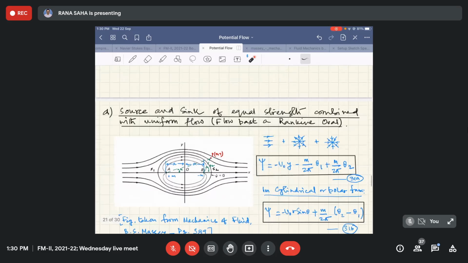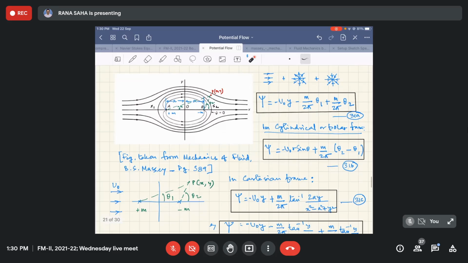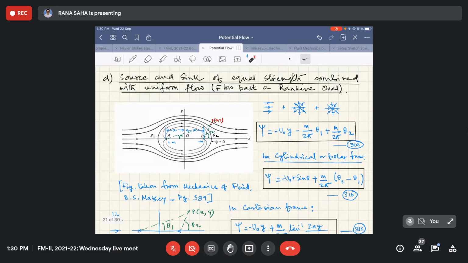Okay, then we moved into the combination of uniform flow, source and sink pair. This is the source sink pair that we have seen earlier. The moment you combine it with the uniform flow, the resultant family of streamlines gives this type of flow pattern.